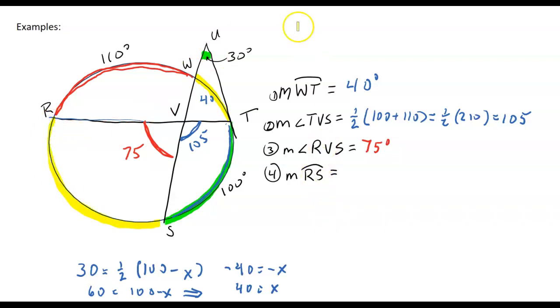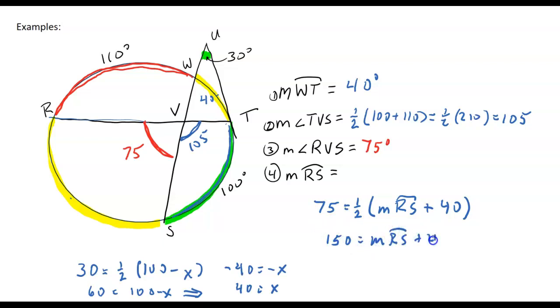Okay, so we're going to say that 75 is half the sum of arc RS plus 40, because those are the two intercepted arcs. Okay, multiply both sides by 2 to get rid of the 1/2. 150 equals the measure of arc RS plus 40. Subtract 40. 110 is the measure of arc RS.